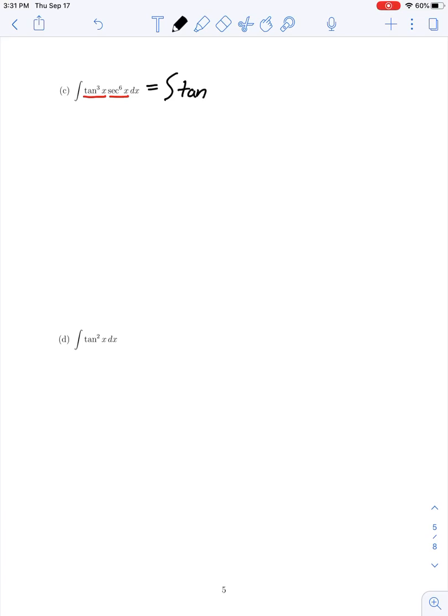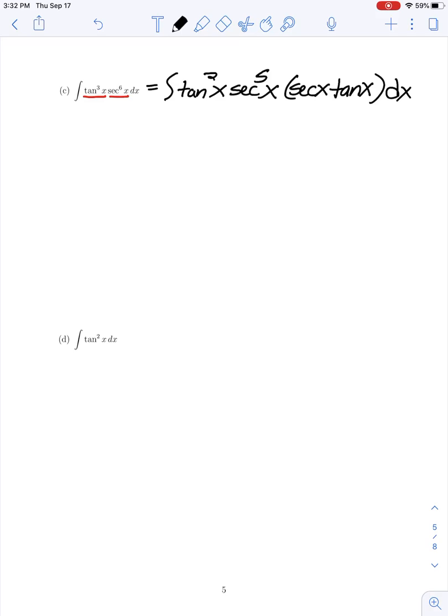So if I factor out a secant x times tangent x from my integrand, I would be left with tangent squared x times secant x to the 5th, and then I have on the end the secant x times tangent x, which I had factored out.